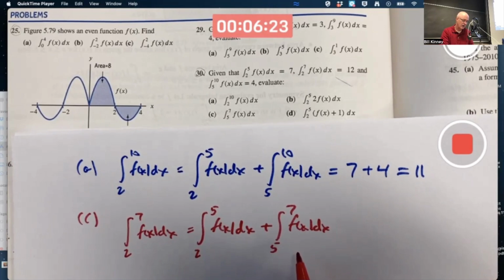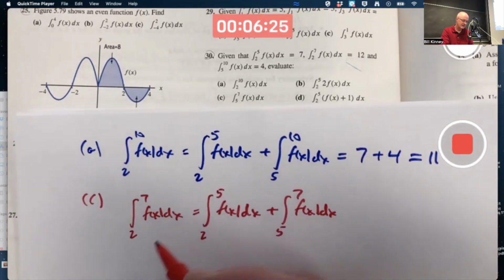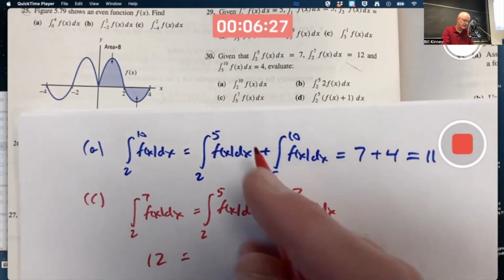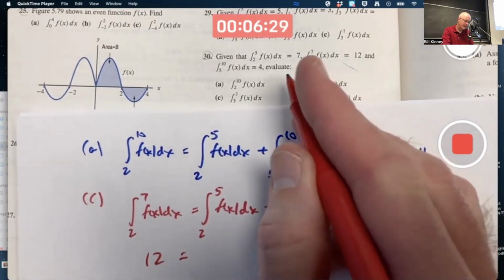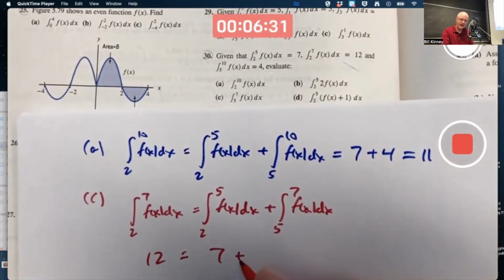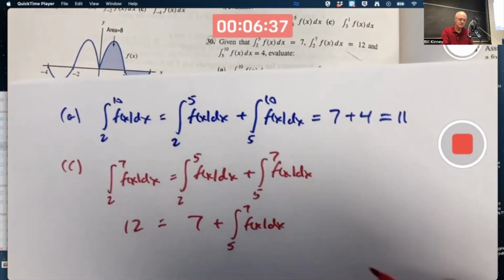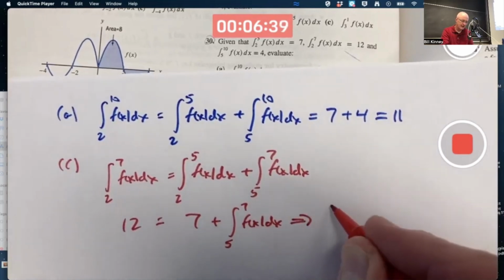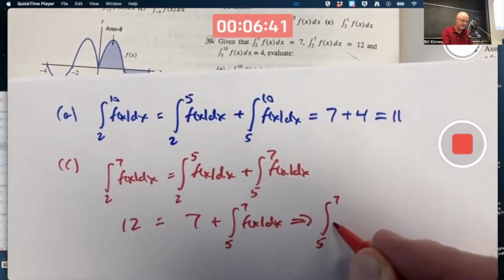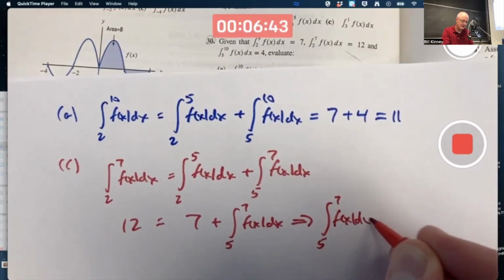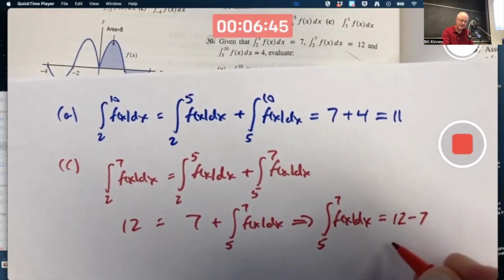Plug in the numbers you do know. You do know the integral from 2 to 7 is 12. The integral from 2 to 5 is 7. And the unknown integral can now be solved for by subtraction. Subtract 7 from both sides. You can say the unknown integral from 5 to 7 is 12 minus 7, which is 5.